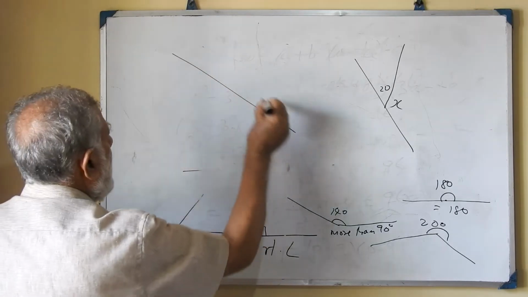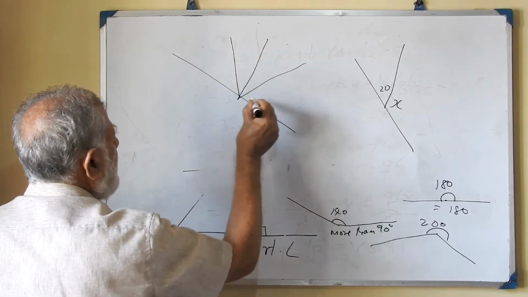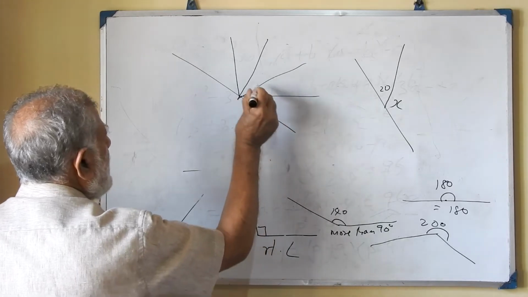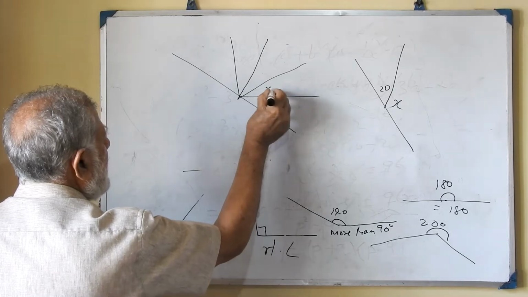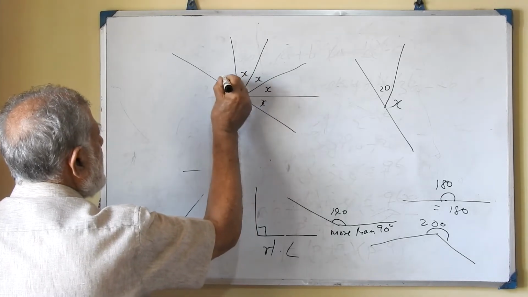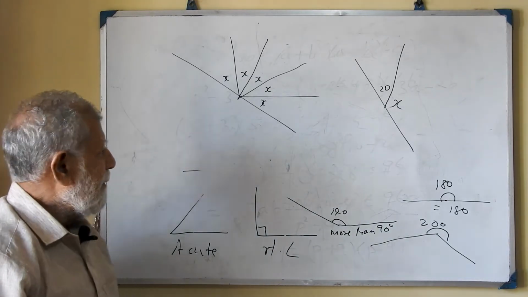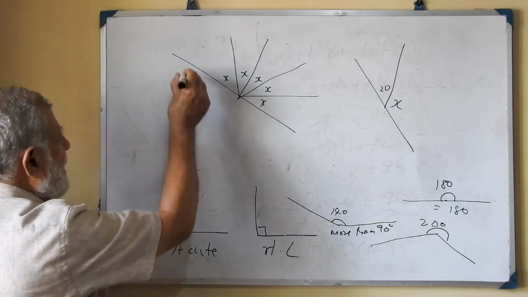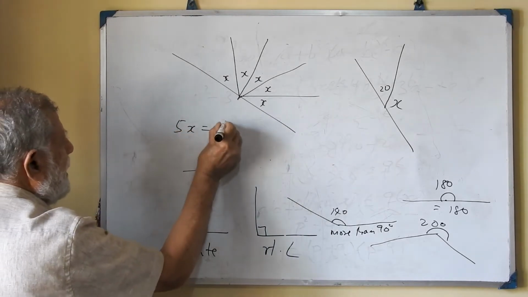Look at this one. Now we have 1, 2, 3, 4, 5 angles here. And we say all these angles are x, x, x, x, x. That means all these angles are equal. 5 angles, and this is a straight line AB. So we say 5x equals 180 degrees.